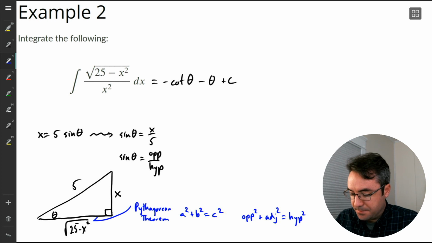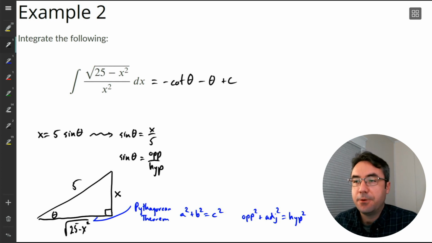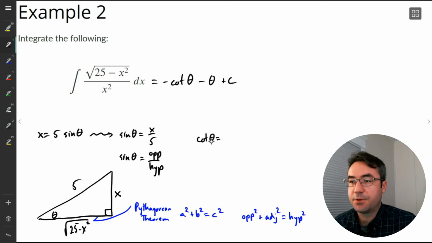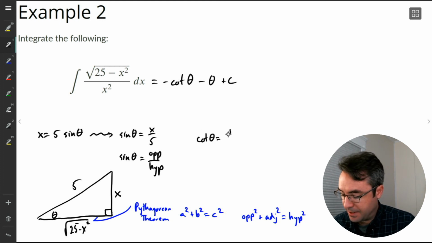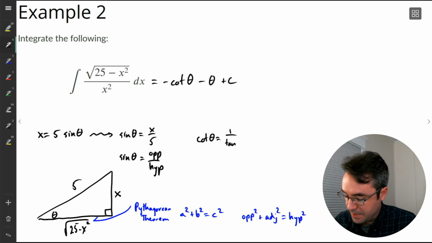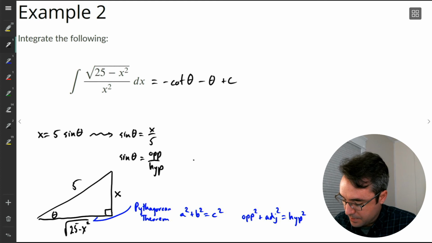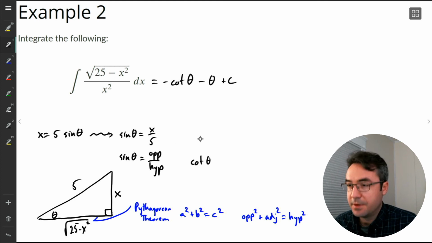All right, so let's now look at what we actually need. We need to know cotangent, and so we can do that. Cotangent theta is the reciprocal of tangent theta. And actually, I'm going to do this down here because I'm going to use this space.